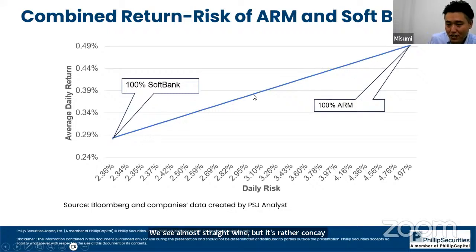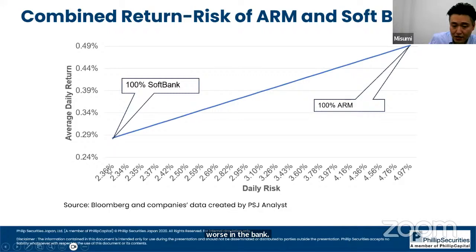If it were more concave, with steeper concavity, more efficient points could be found, but it just looks somewhat concave.